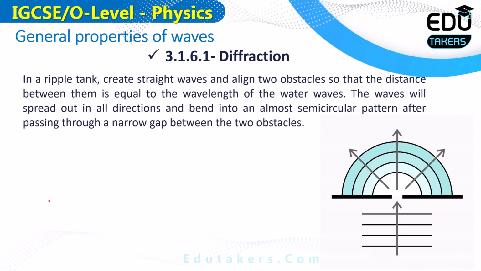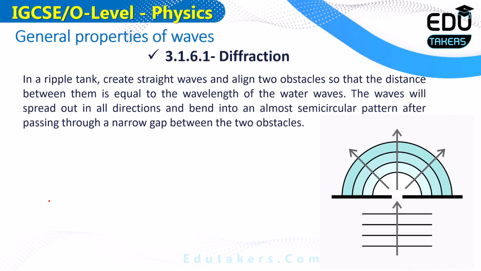Next is diffraction. It is also a property of water waves that you can study with the help of a ripple tank. In the ripple tank, first of all, you need to produce straight water waves and take two obstacles, like barriers, and keep both of these barriers in such a way that there is a small distance between them.